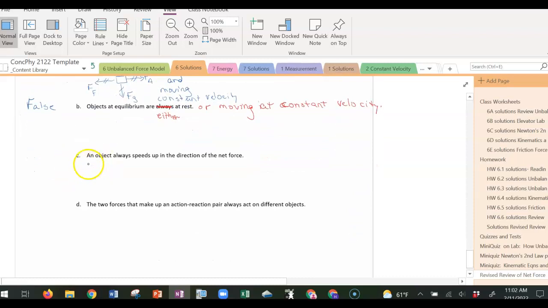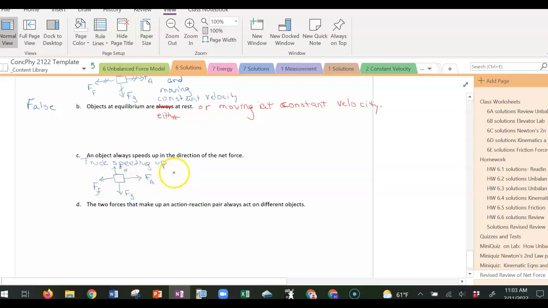C, this statement is: an object always speeds up in the direction of the net force. At first glance, that seems pretty good. I could think of a truck speeding up. Let me get my little forces in here first.